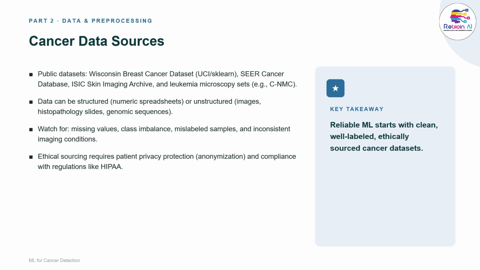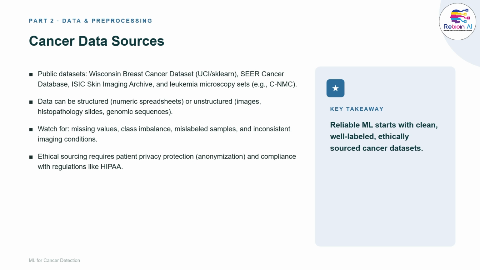For skin cancer images, the go-to source is the ISIC archive, and for blood cancer, there is a CNMC dataset built specifically for classifying leukemia cells in microscope images.